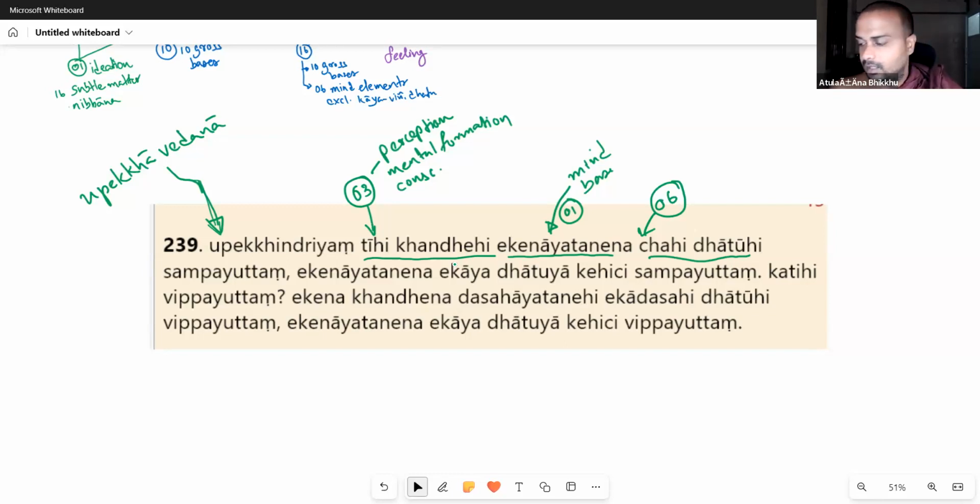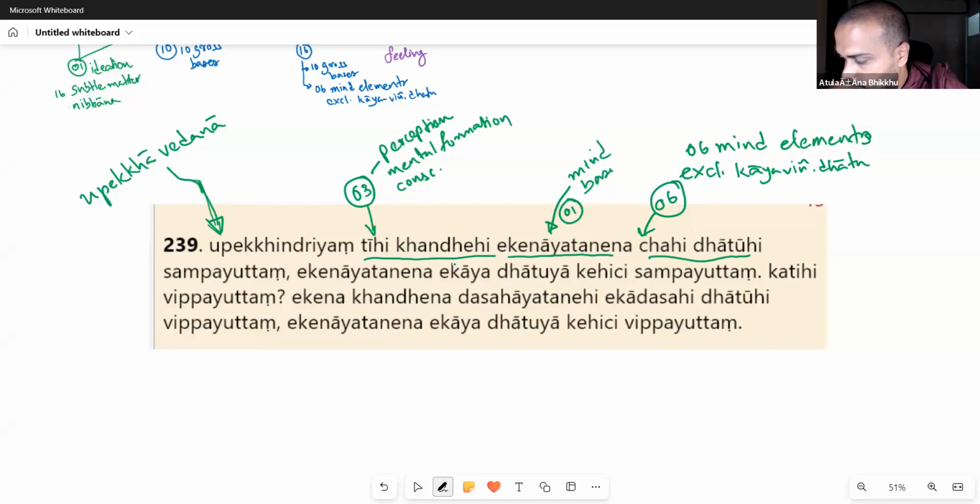So in here we have to get it as the other six mind elements, excluding the cakkhu-viññāṇa-dhātu. So that's how we get the answer for the sampayutta.